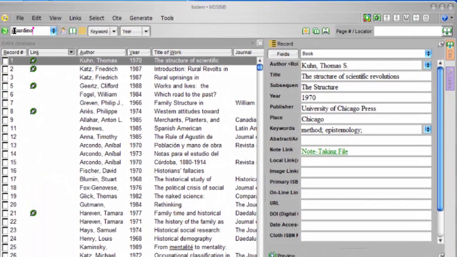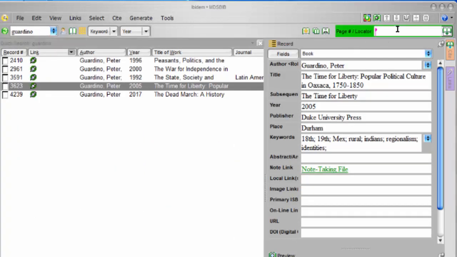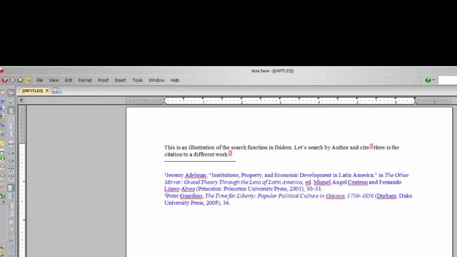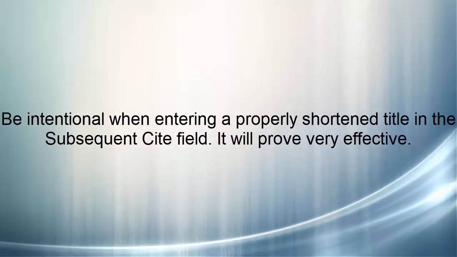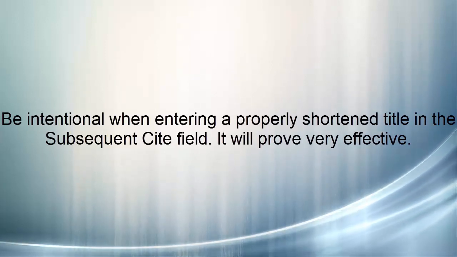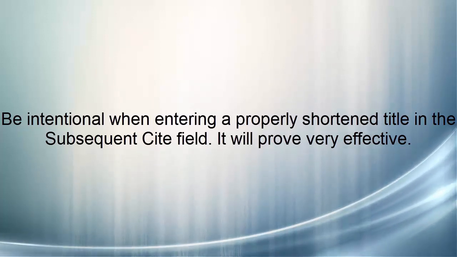Let's search for another author and select another record for citing. Ibidem will automatically update citations, including subsequent citations of the same titles, and it will do so in the manner required by the user's chosen academic style.